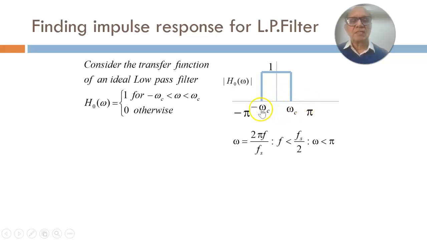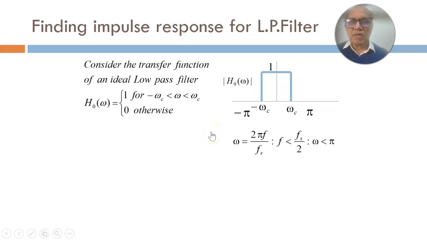Actually, since beyond omega c this is 0 and below minus omega c it is again 0, essentially when we calculate the inverse Fourier transform, we will use the limits minus omega c to plus omega c. But in general, the range which is significant for this transfer function will be omega less than pi.